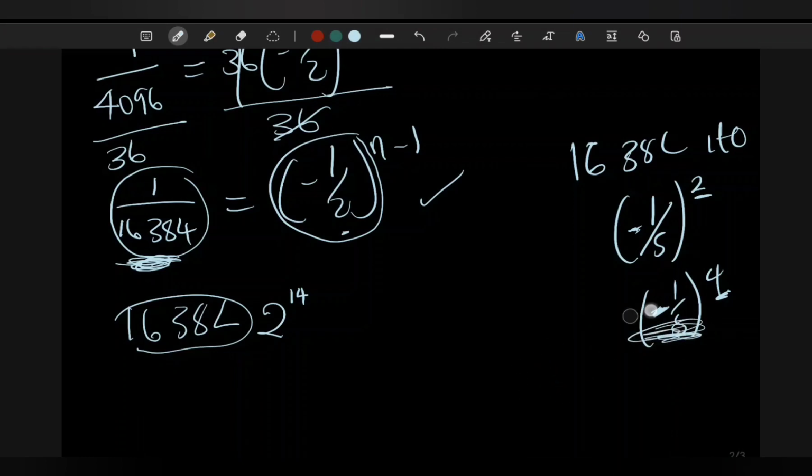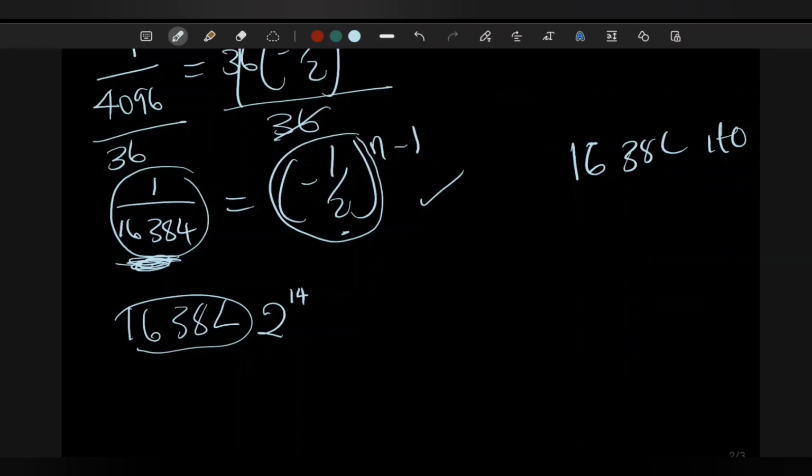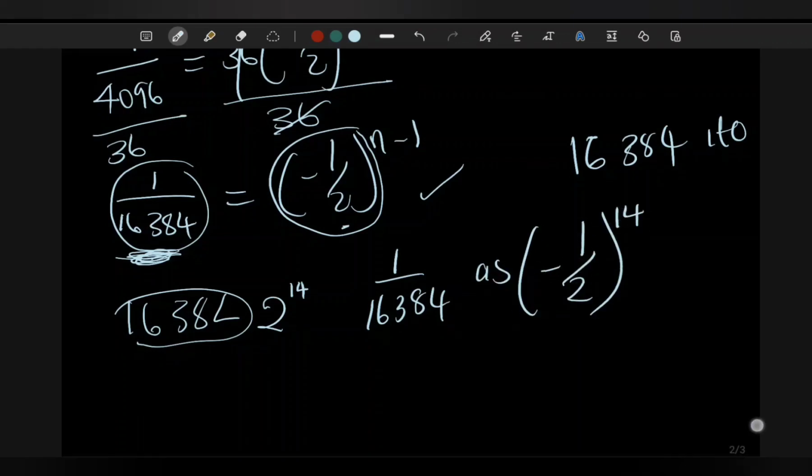So we can write that value as 1 all over 2 to the power 14. We can even make it negative, it's fine. So we can write 1 all over 16384 as negative 1 all over 2 to the power 14.